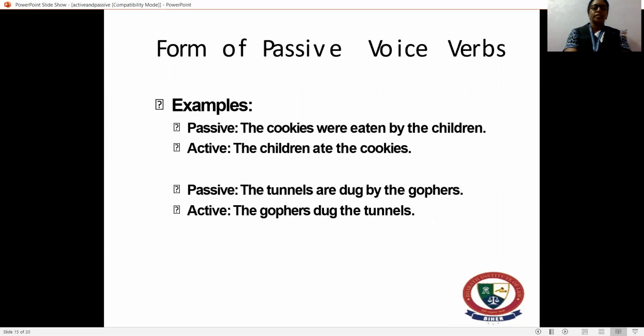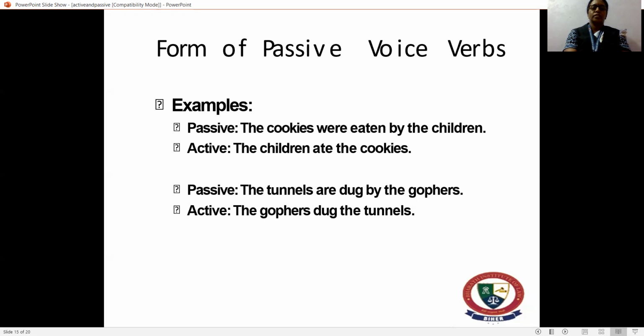Examples: the cookies were eaten by the children. We can easily say the sentence is in the passive voice since it has the be form, the V3, and also the by phrase. When we change it to the active form, the object becomes the subject.